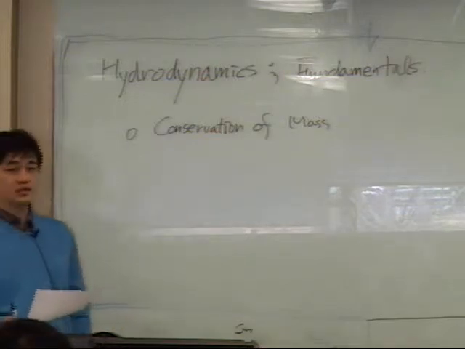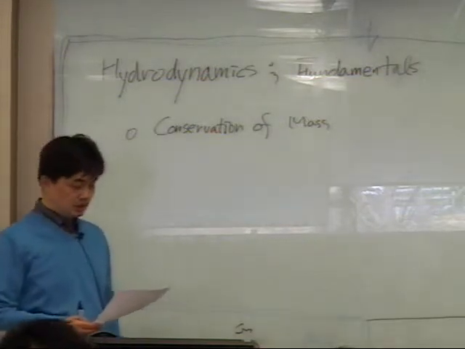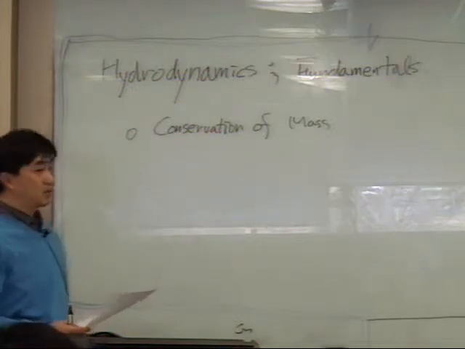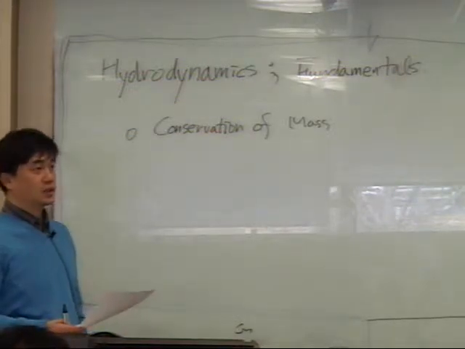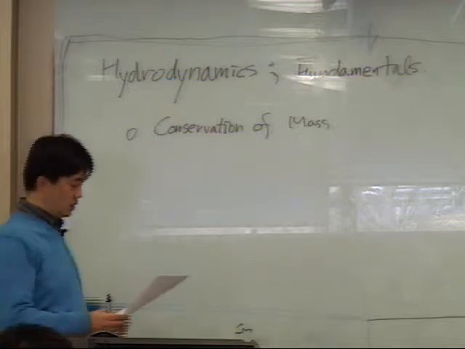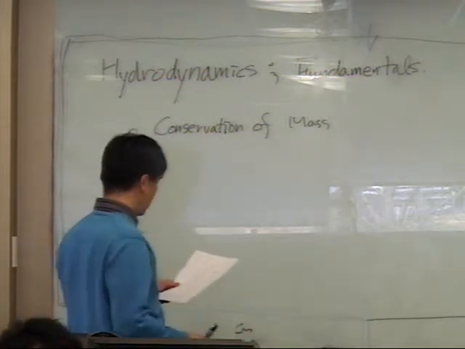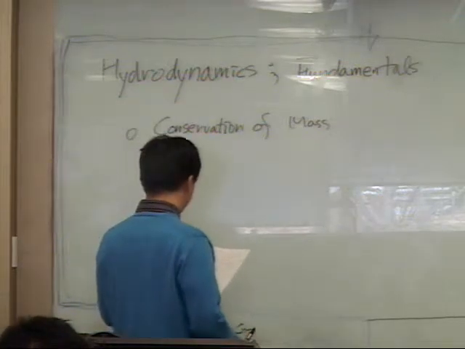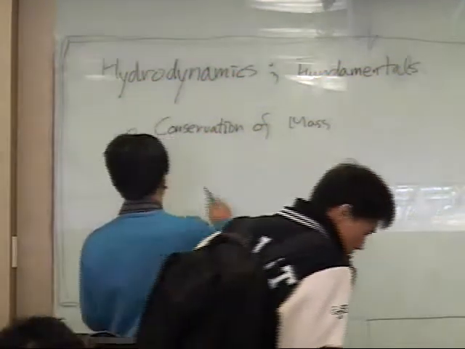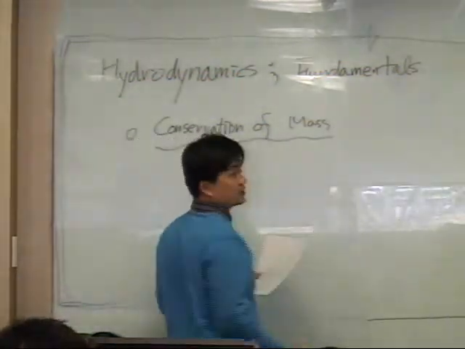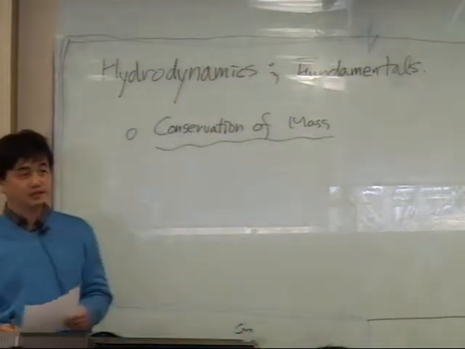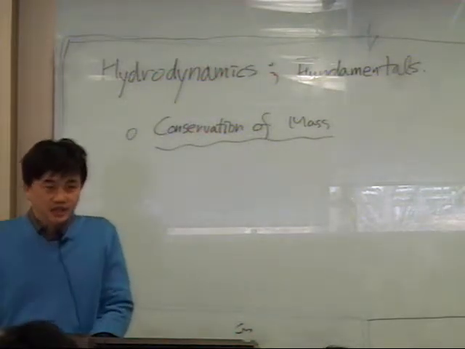The 3D case is just an extension of 2D, so I'd like to derive all the equations for 2D. That's going to be much easier to understand. Okay, what's the conservation of mass? This is a really basic principle in physics.